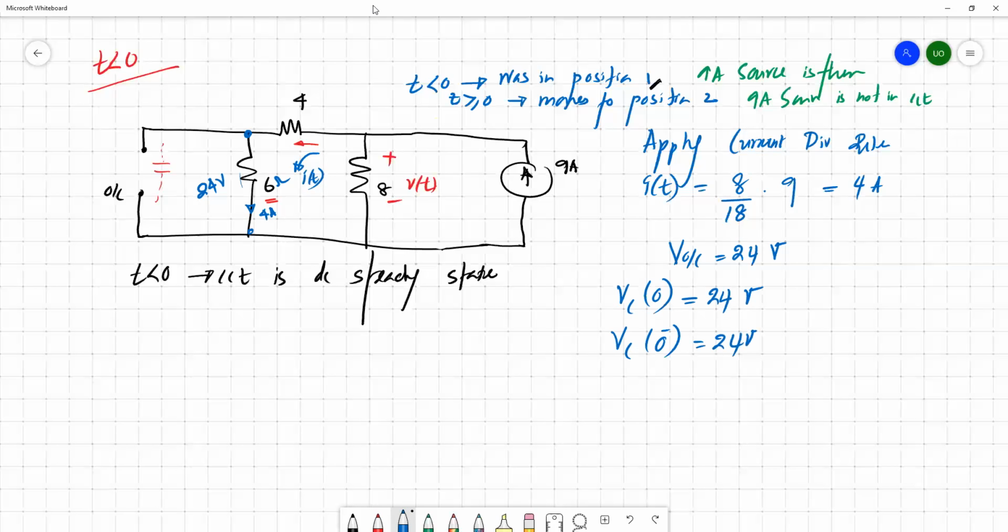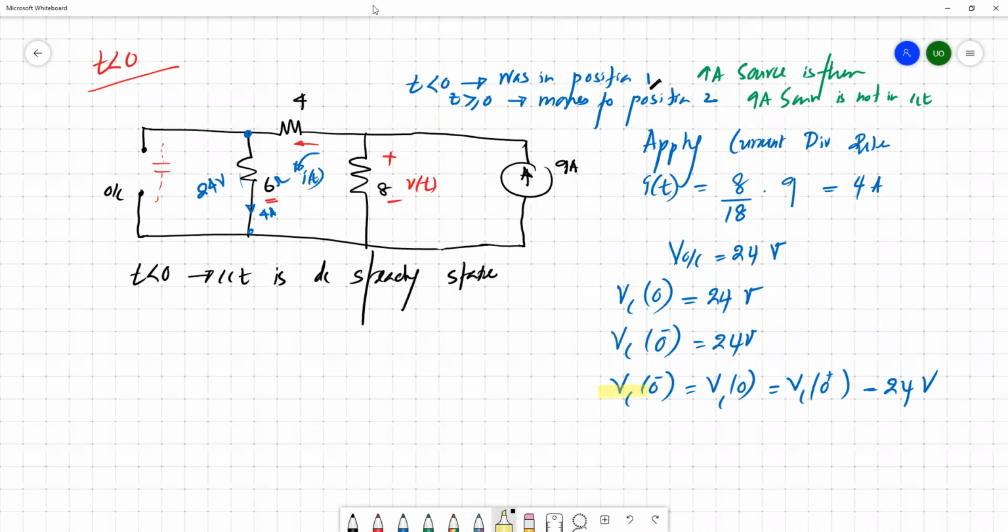So according to the continuity theory across this capacitor, the voltage across the capacitor should be smooth and continuous. So from this we can claim that VC(0 minus) equals VC(0) equals VC(0 plus). It's again equal to 24.